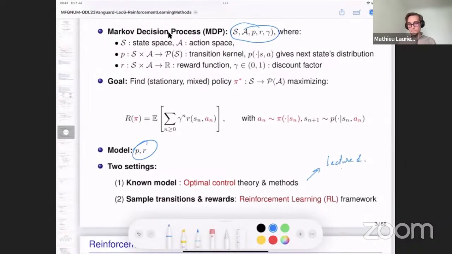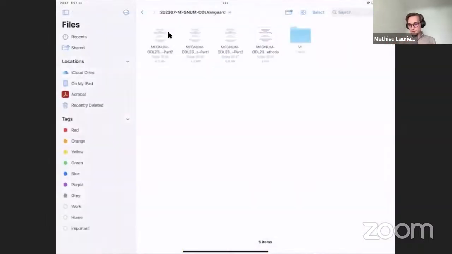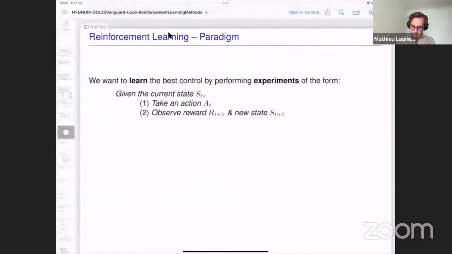That's why I wrote this value function and I wrote the Bellman equation. So you can do that and you can do a backward iteration, which is basically like solving a fixed point problem in this stationary regime. If you don't know the model or if you don't want to use it, then this is what is studied in the mean field game framework.